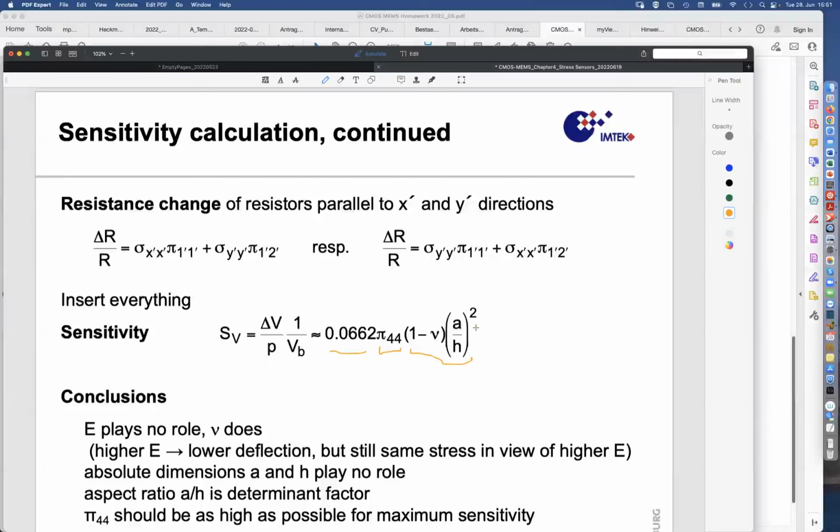But for a small response model, it shows that only A over H plays a role. And that's interesting to see because you don't necessarily know that from scratch, because you say, oh, this must be a complicated function of A and H, some weird connection, but it's a very simple connection.